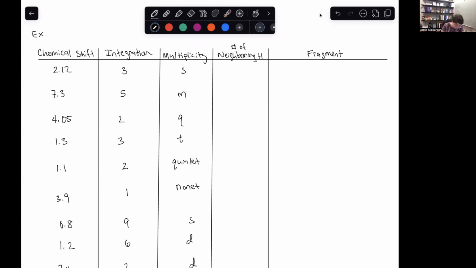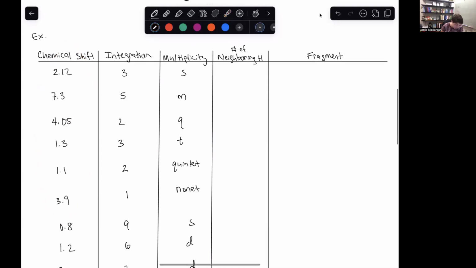Okay, so if I've got a chemical shift of about 2.12, the first thing you're going to want to do is go look at that reference table and see what kind of area that shift lies in. Keep in mind that you want to account for the approximate nature of those values.